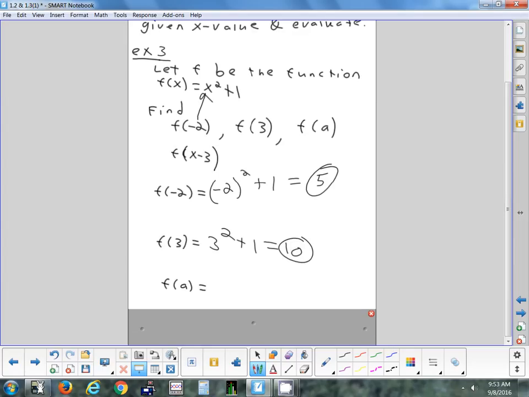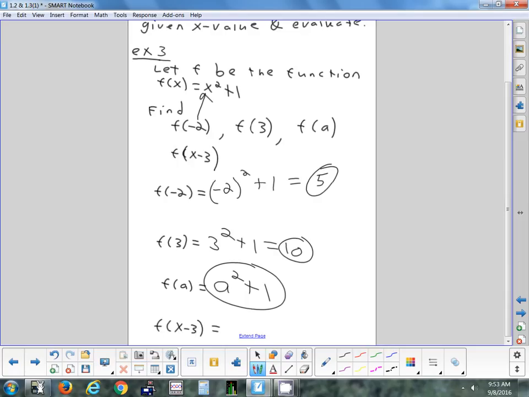If they ask me to plug in a, what would I get there? A squared plus 1. There's not really anything you can do, you just plug that in.